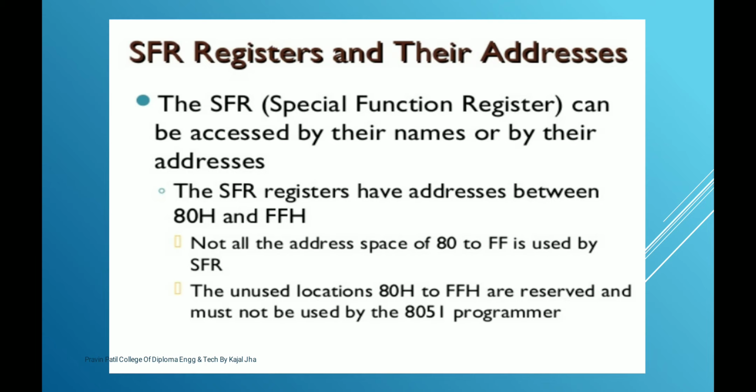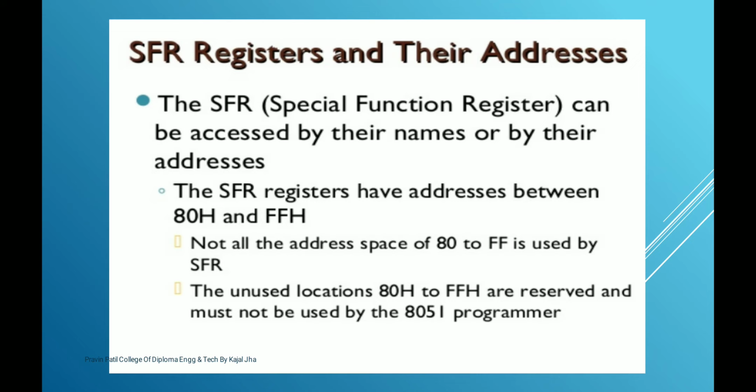The SFR registers have addresses between 80H and FFH. Not all the address space of 80H to FFH is used by SFRs. So the unused locations from 80H to FFH are reserved and must not be used by the 8051 programmer.